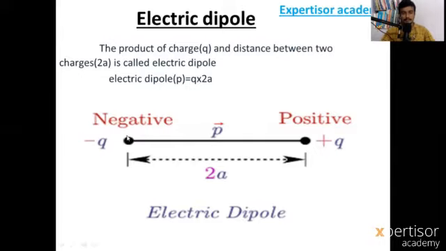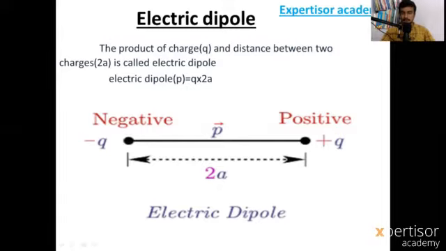So the influence of minus q and plus q ends at the midpoint. From the midpoint to minus q the distance is a, from the midpoint to plus q the distance is a, so a plus a, 2a. That's why 2a is mentioned.